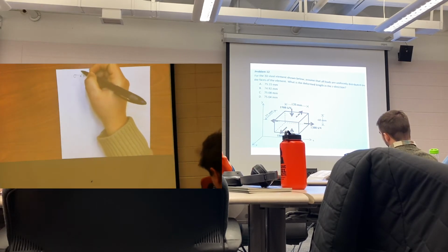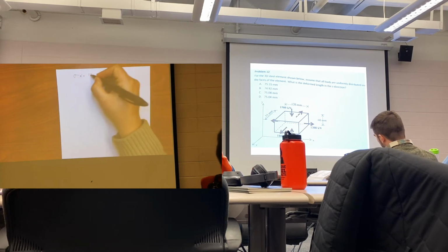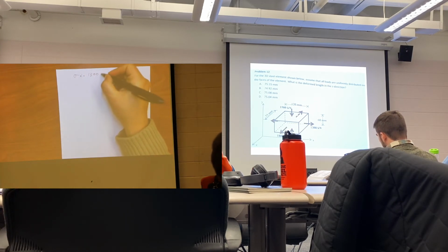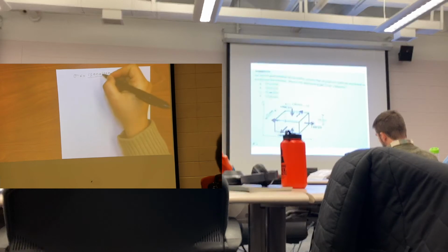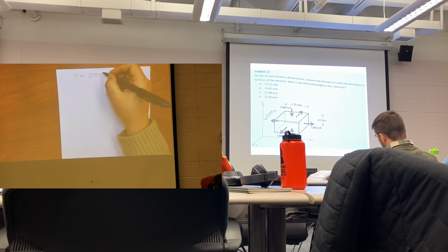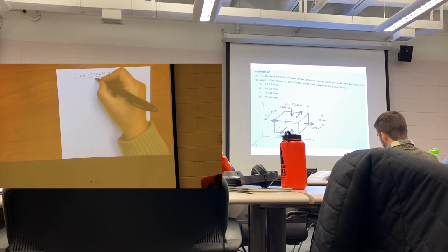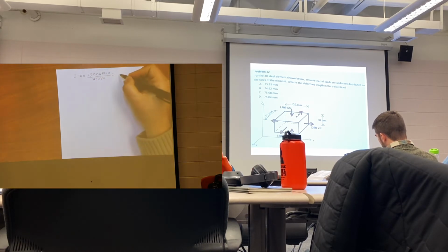Sigma X is 1300 times 1000 newtons over 75 by 60, equal to positive 289 megapascal.